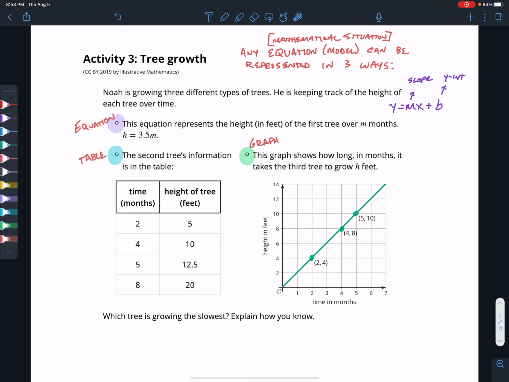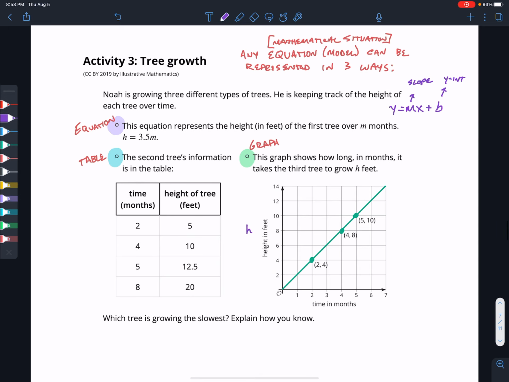Even though we don't have y and x, we can use h and m, because that's our y-axis and our x-axis. So our height, here's our height, h, here's our time in months, m. So we've got our h-axis and our m-axis.